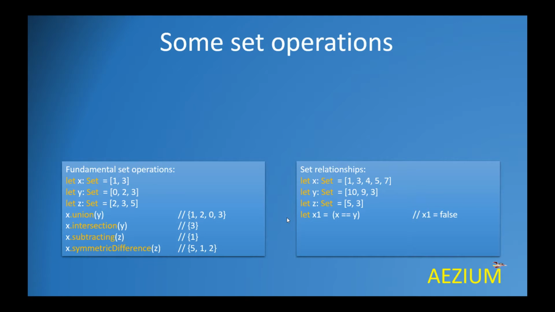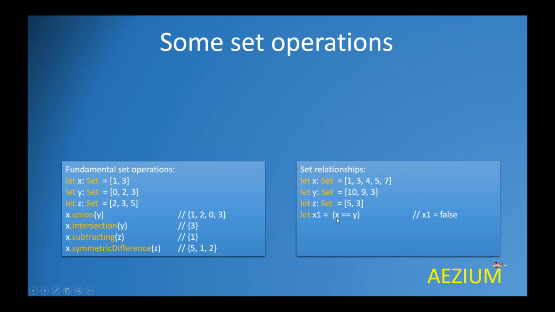If we need to find various relationships between different sets, we can follow some of the operations that I'm showing in these examples. For instance, for these 3 sets that I've defined here, I'm using the equal to operation.